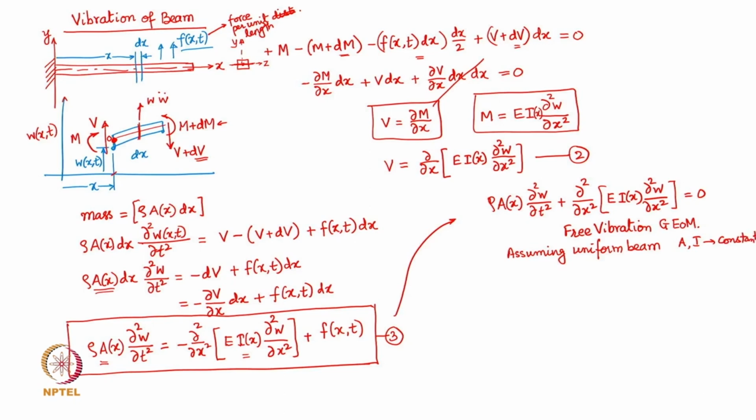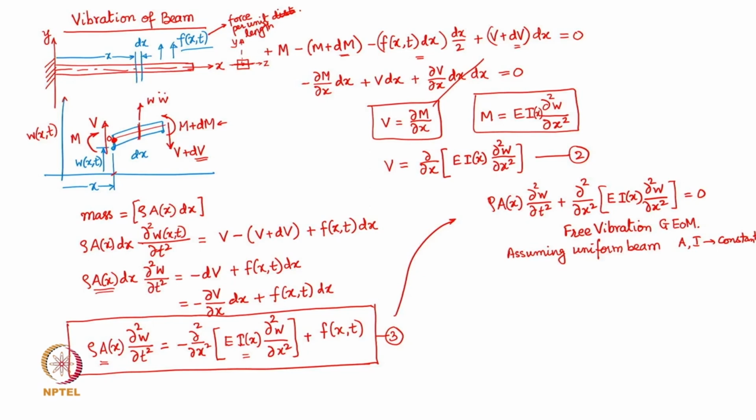Okay, so it doesn't vary with x. With that assumption only, if we proceed further, we will have a solvable governing equation. Otherwise this is going to be a complex exercise to solve for w.